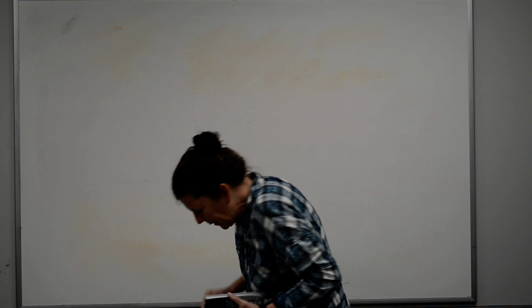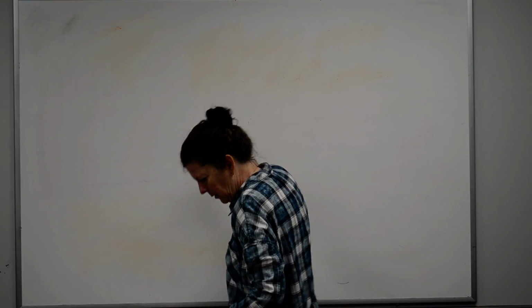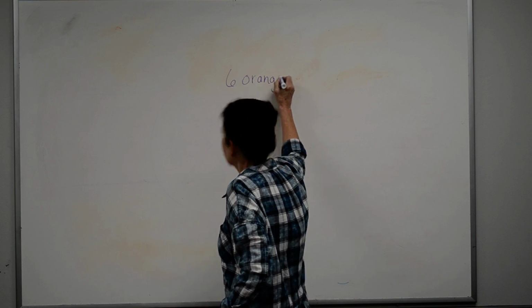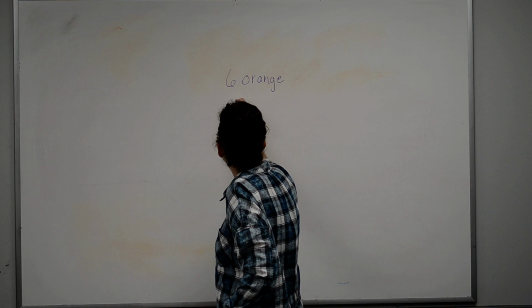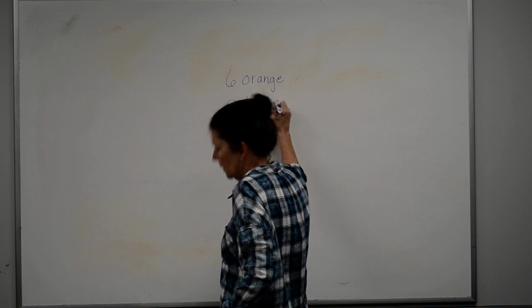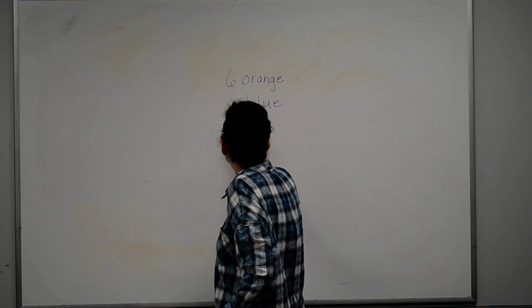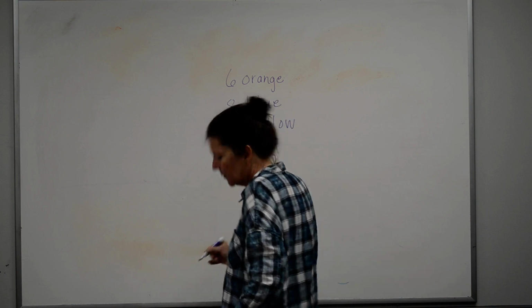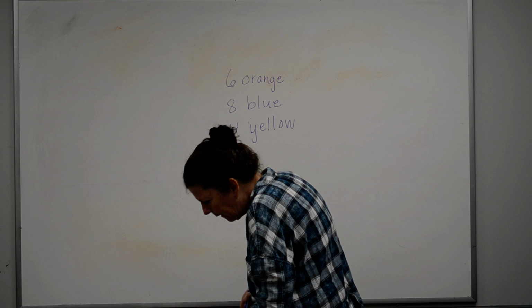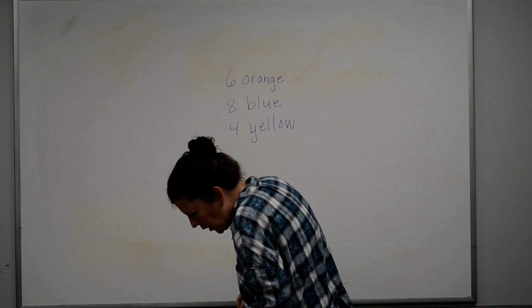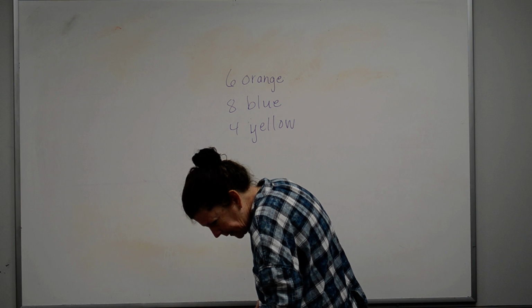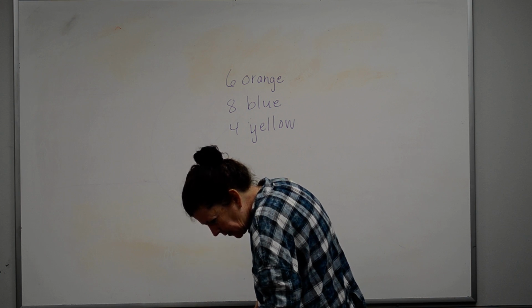All right, you got a bag that contains 6 orange, 8 blue, 4 yellow marbles. Okay, those are marbles. Okay, what is the probability of selecting 2 marbles? 2 blue.